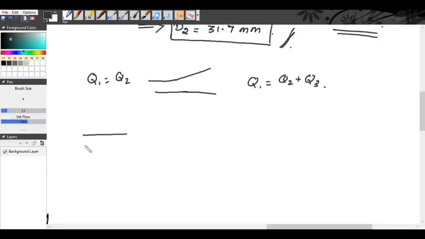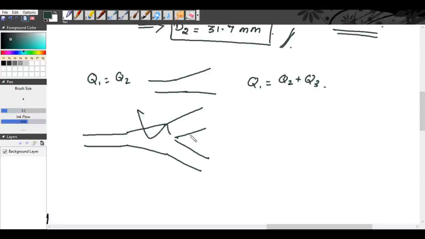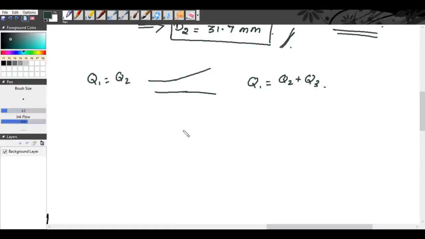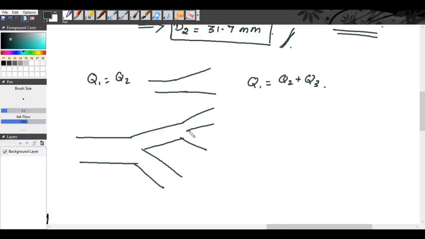See, if your pipe is like this, then it branches into 2. Afterwards, this also gets branched into 2, and this gets branched into 2. That is the case.